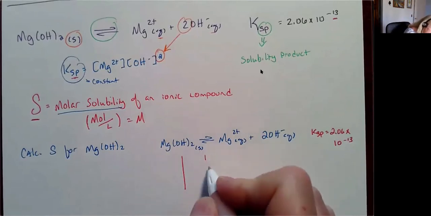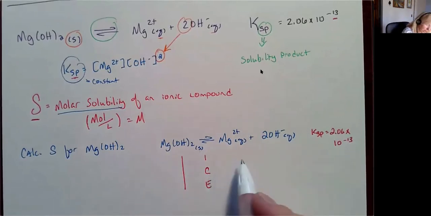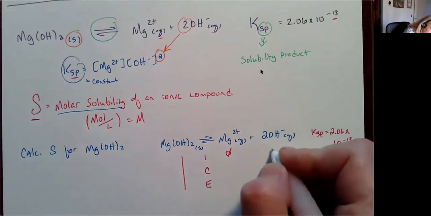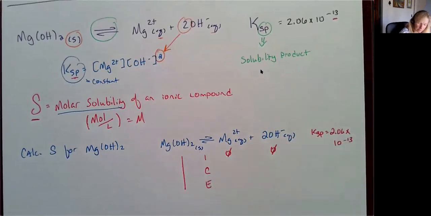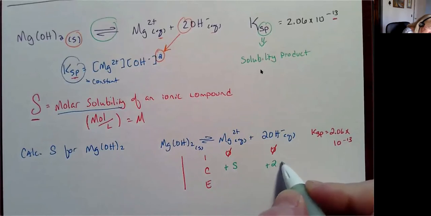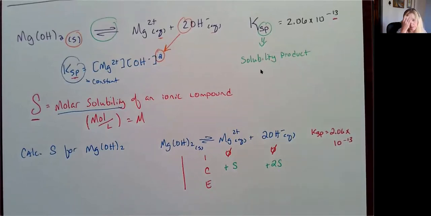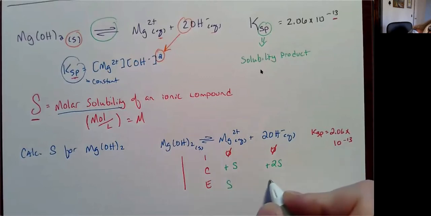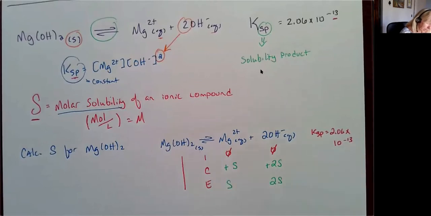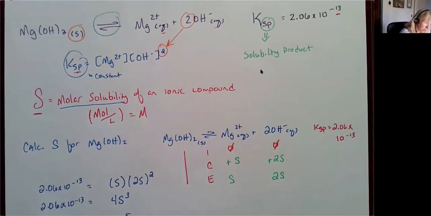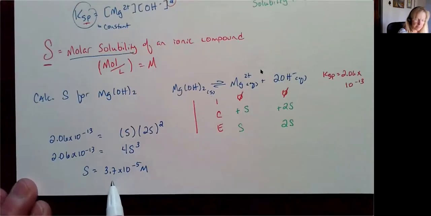My ICE table is going to start with my products, these dissociated ions. I'm going to assume that I start with 0 amounts of those. And then I'm going to have some change. This is going to go up by s. This is going to go up by 2s. So I'm just substituting s in here instead of x. Then this becomes s and this becomes 2s here. Now I'm going to plug this into my Ksp. So this is my molar solubility for magnesium hydroxide.